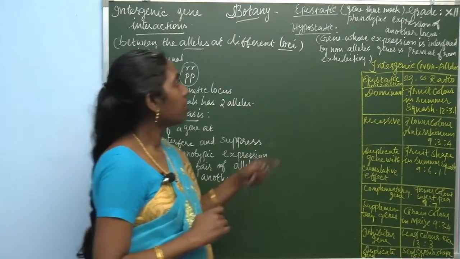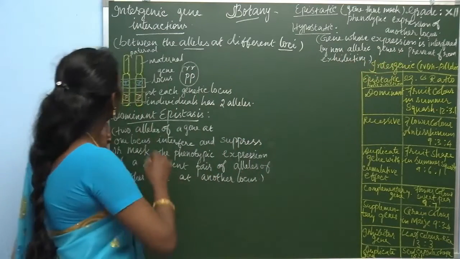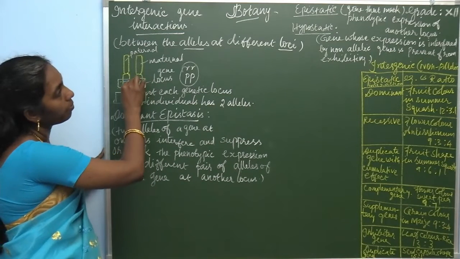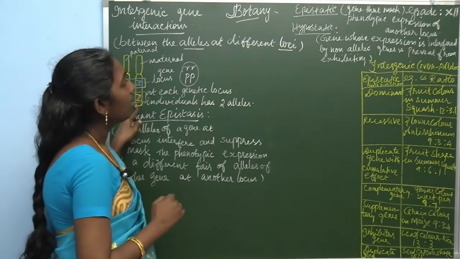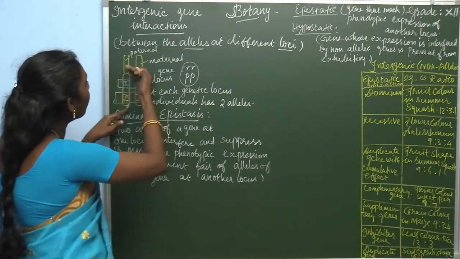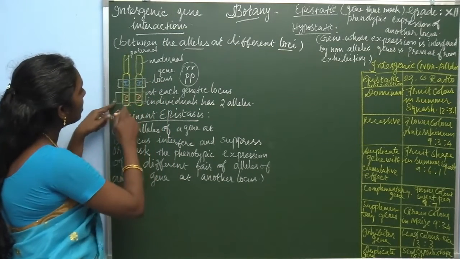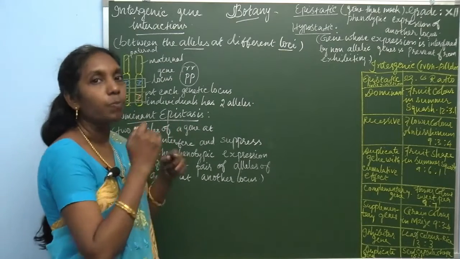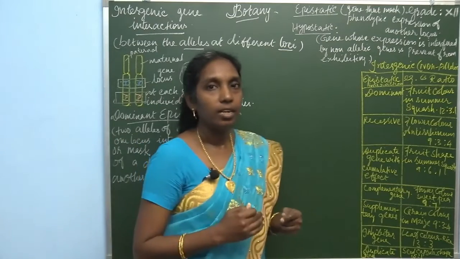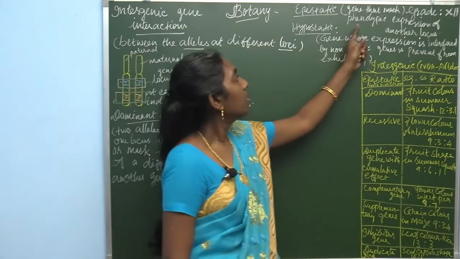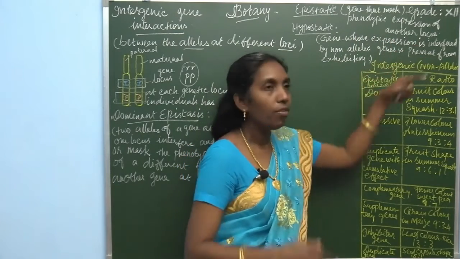And what is meant by hypostatic? The gene whose expression is interfered with. So this one masks, and in this one the gene expression is interfered with by non-allelic genes. So this character is prevented. This is known as hypostatic. So first learn the definitions. What is epistatic? The gene that masks the phenotypic expression of another locus.